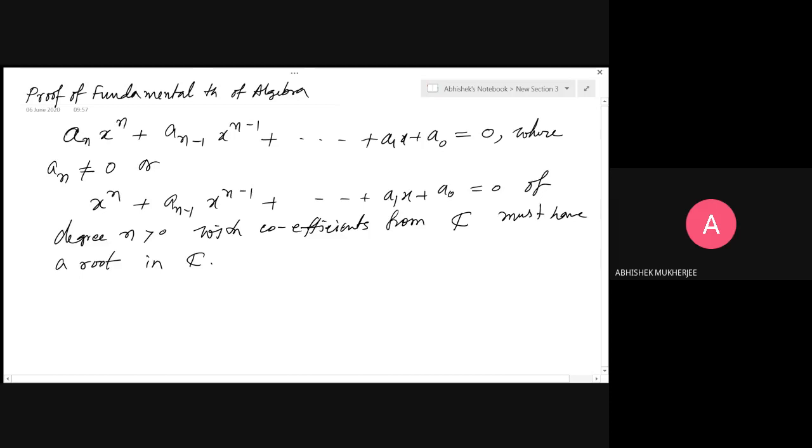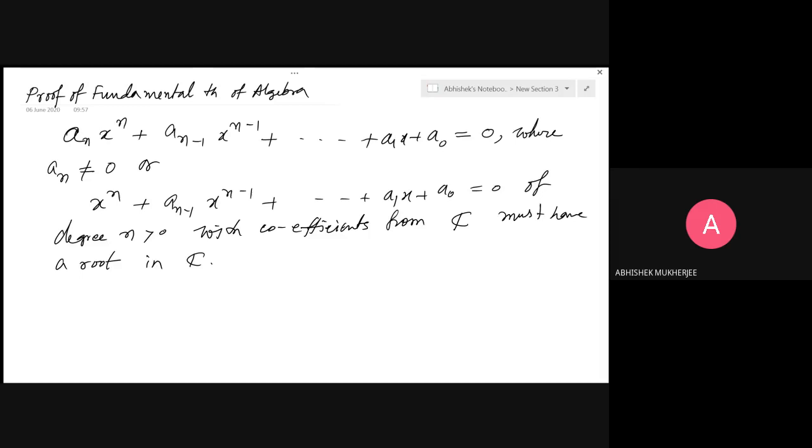Now, the first attempt at proving this theorem was initiated by D'Alembert in 1746. But his proof was incomplete, and actually he assumed the existence of roots of this polynomial equation.